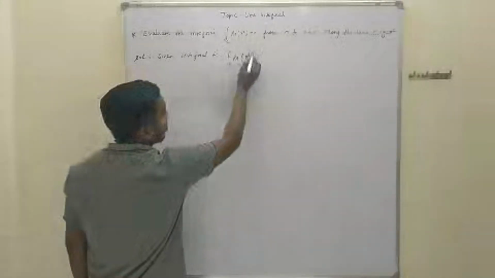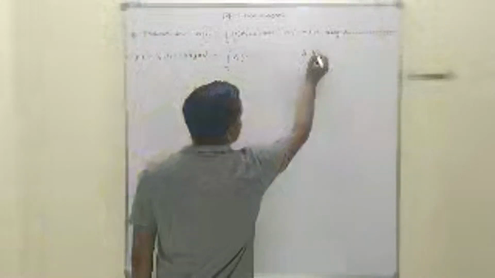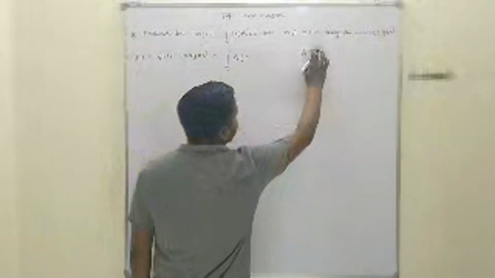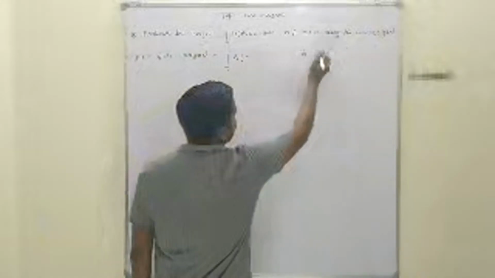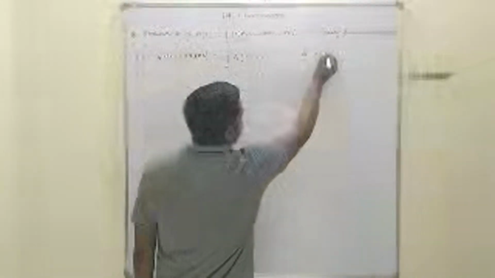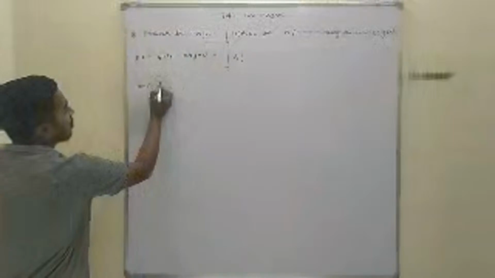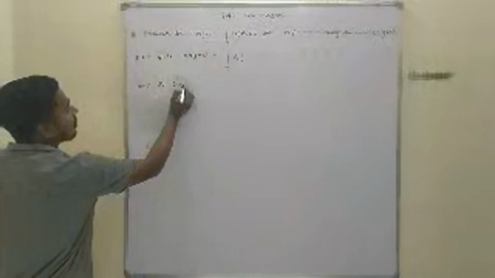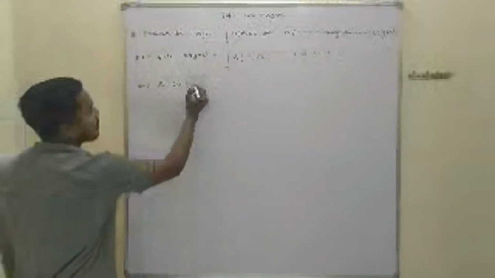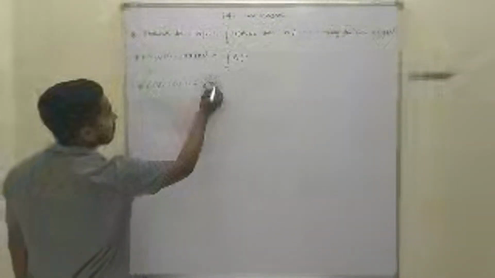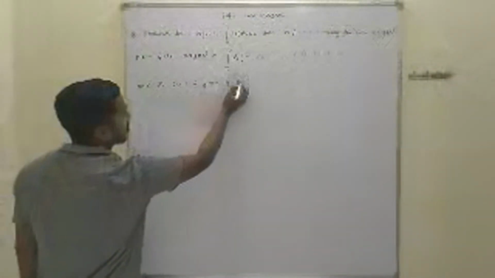The integral is a complex quantity and the limits are from 0 to 2 plus 4i, and the curve is y equals x squared.